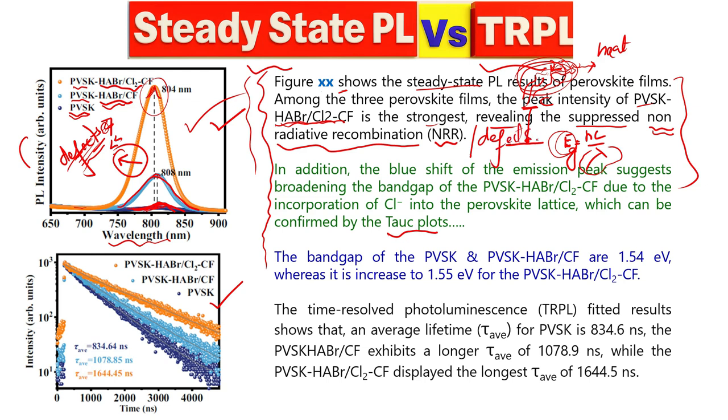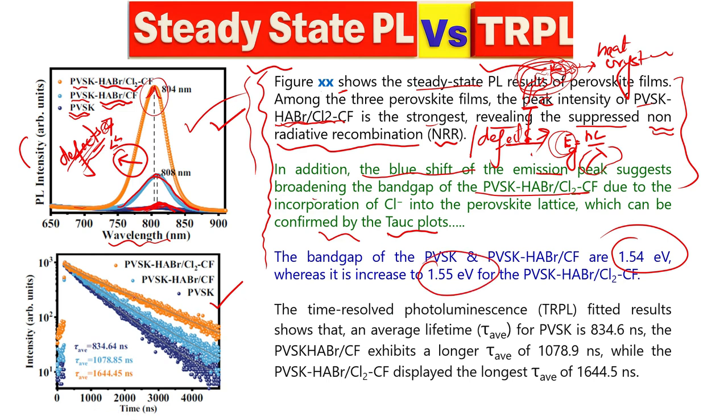You can write they improve the crystallinity of the material, etc. In addition, there is a blue shift of the emission peak, which suggests broadening of the band gap of the lattice, the third one here. So from the top plot we can confirm that the first two have the same band gap, while the last one has an increased band gap.